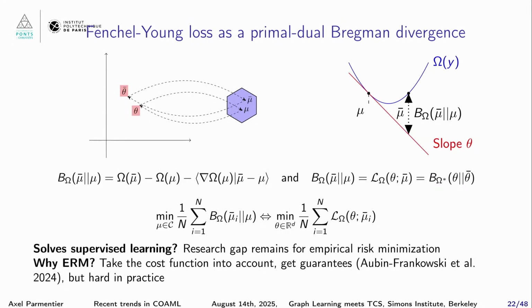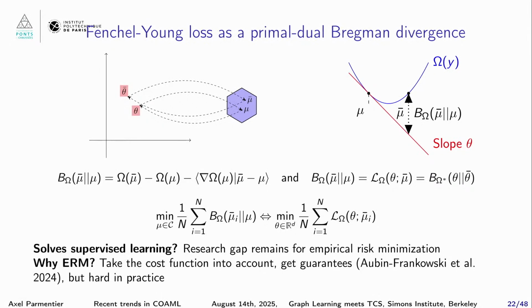And if you look at the Fenchel-Young loss we use, the distance between theta and the moment mu bar is equal to a Bregman divergence between mu bar, your target, and mu, the one predicted by your layer. Okay?